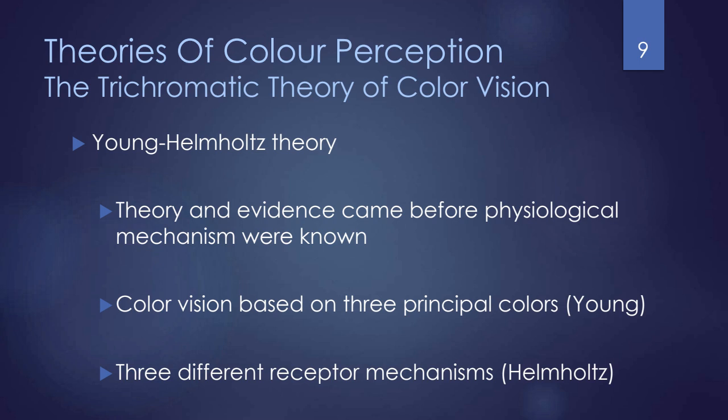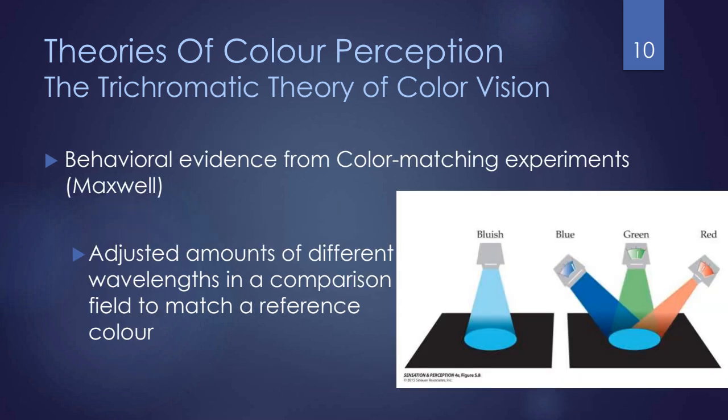This man was named James Maxwell, and he did many additional experiments to support the trichromatic theory. Now, unfortunately for Maxwell, his name was lost to history as far as the theory goes. You start getting into 3 names, it gets to be a bit much.